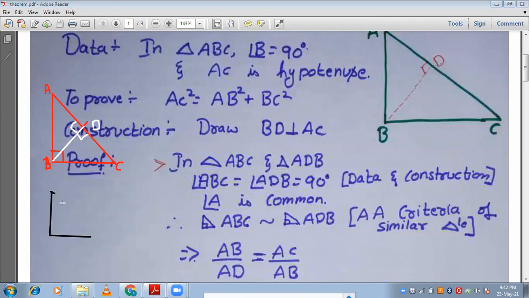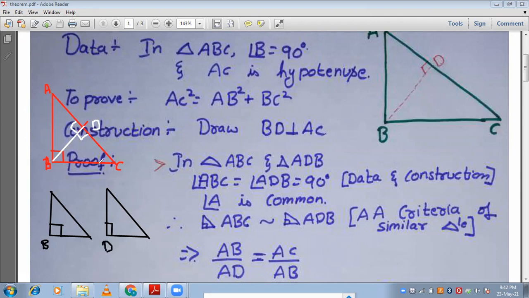Triangle ABC is the first triangle, and the other one is triangle ABD. In triangle ABC, angle B is 90 degrees. In triangle ABD, angle D is 90 degrees.